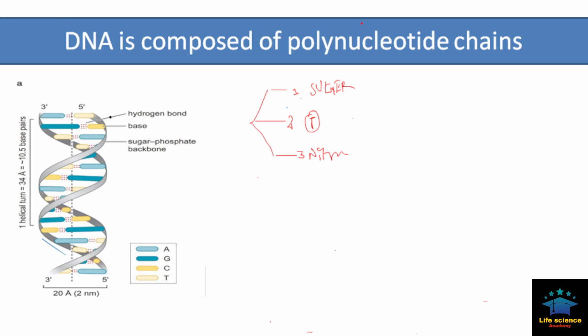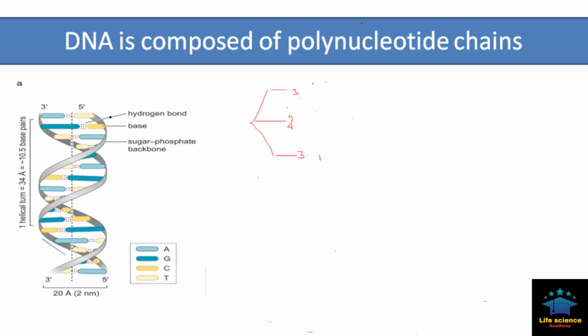So these three things are required to make a DNA, and apart from them there are other things required to make the DNA, such as some enzymes and proteins. But if we focus on the structure of DNA, then these three things are needed as the structure of DNA.